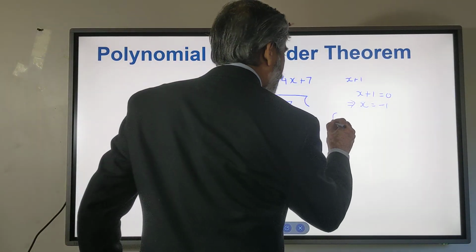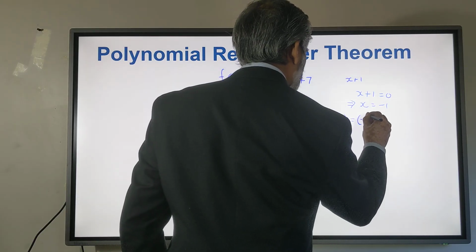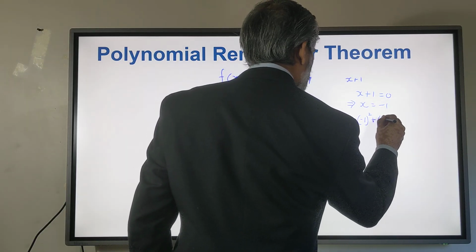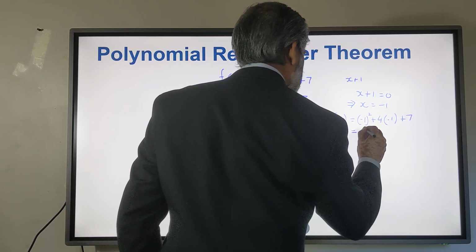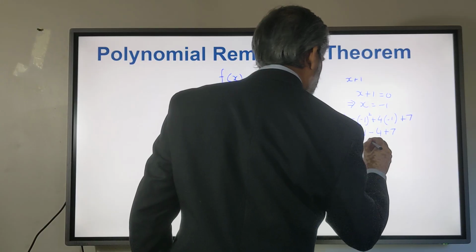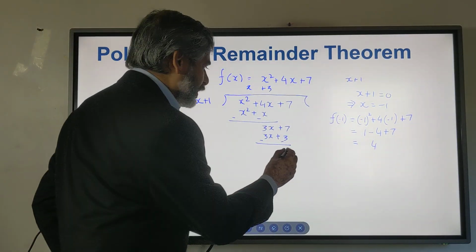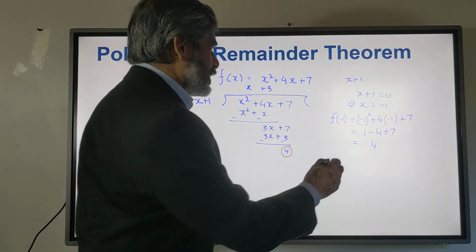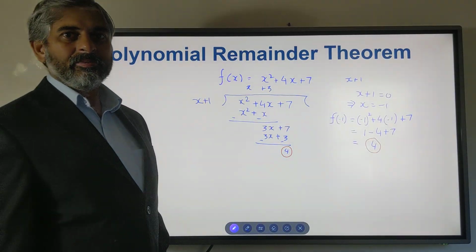So f of minus 1 is going to be minus 1 whole square plus 4 into minus 1 plus 7, and this is equal to 1 minus 4 plus 7, or 4. If you notice, this remainder 4 is the same as the value that we got from here.